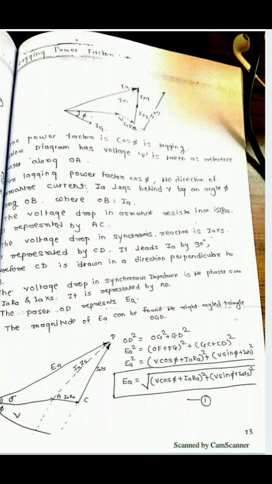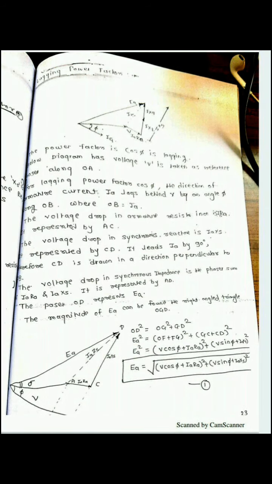The power factor, that is cos phi, is lagging. So the power factor cos phi is lagging means the current of that particular alternator is lagging the voltage V. As shown in the diagram, voltage V is taken as the reference phasor along OA.